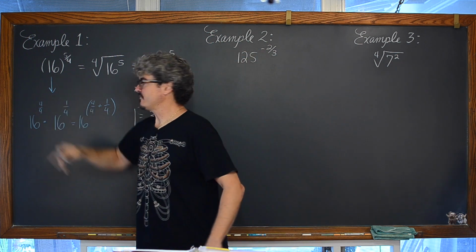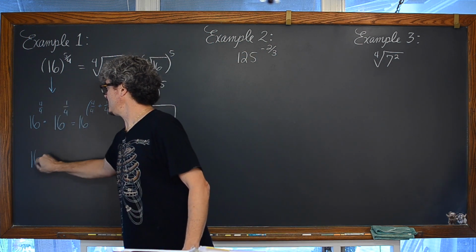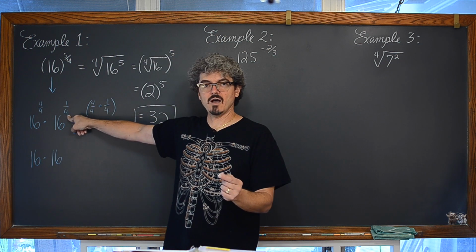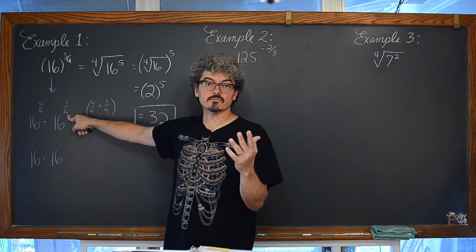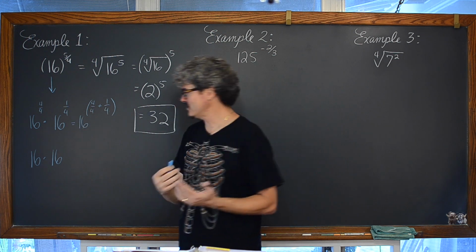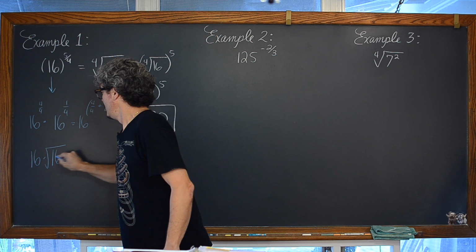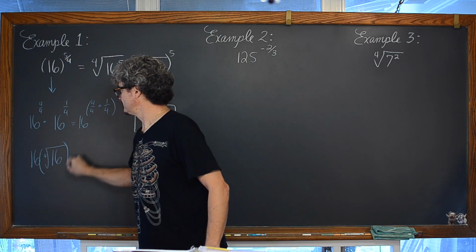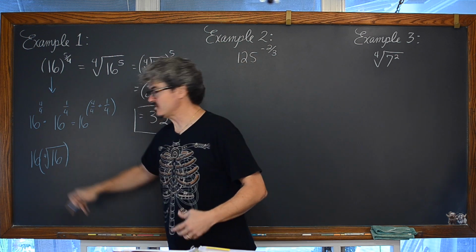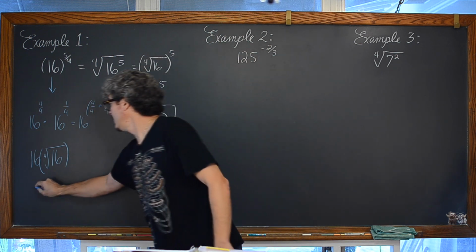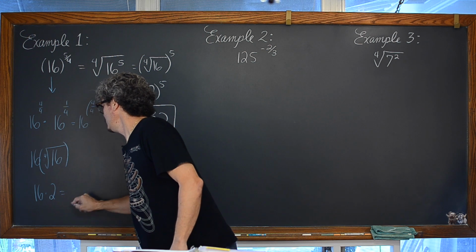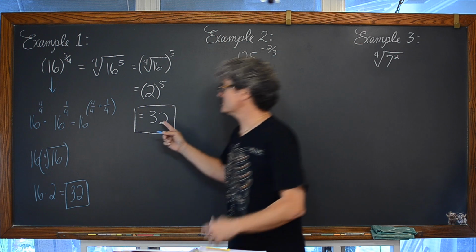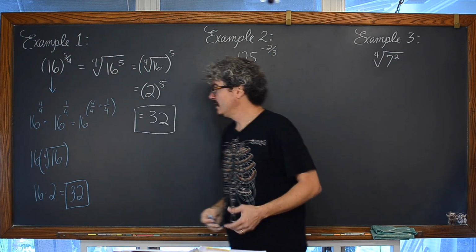Now, 4 divided by 4 is equal to 1, so now we're looking at 16 times 16 to the 1/4 power, which is fine if you know that we need to take the 4th root of 16, but since we're just getting introduced to this, maybe you write this as 16 times the 4th root of 16. And the 4th root of 16, as you just saw us come up with, is equal to 2, and 16 times 2 is also equal to 32, which is the answer that we already know.